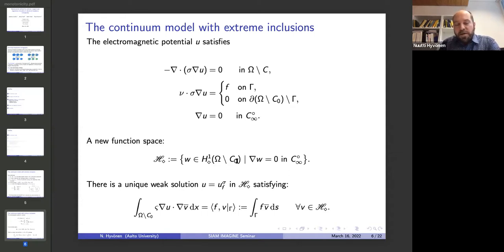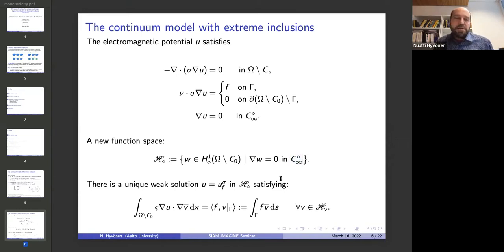But there's another thing that I'm considering: H1 functions in the exterior of the insulating inclusion, and I'm imposing the condition that the gradient of any function in this space should be 0 in the interior of the ideally conducting inclusion.